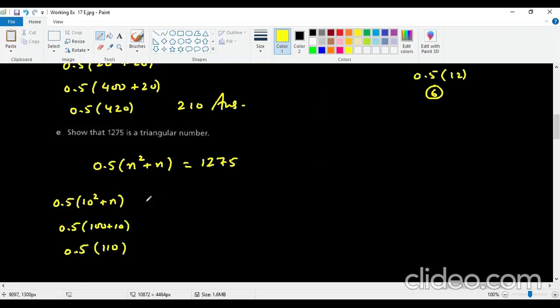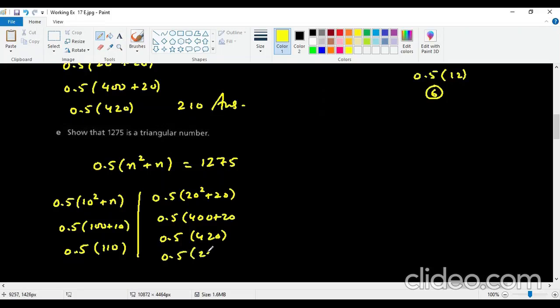So 10 is not the right number. Let's go for 20, and we will reduce if it is more than 20. Now 20 squared plus 20 is half of 400 plus 20. That means half of 420 is 210, which is not the right answer.